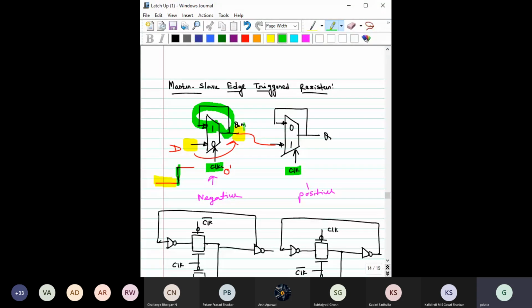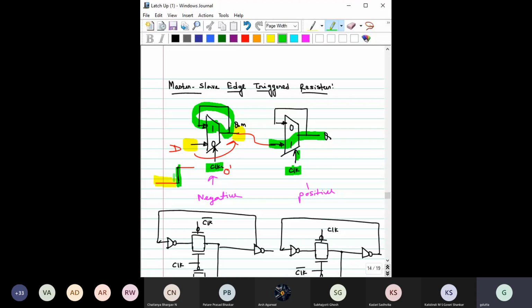And what will happen to this next latch? Here you have clock equal to 1. When clock equal to 1, this input is selected and this input is transferred to Q. So only during this edge, this D input would be able to transfer to this Q, not here.